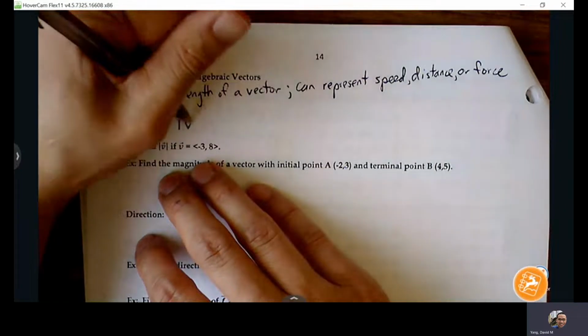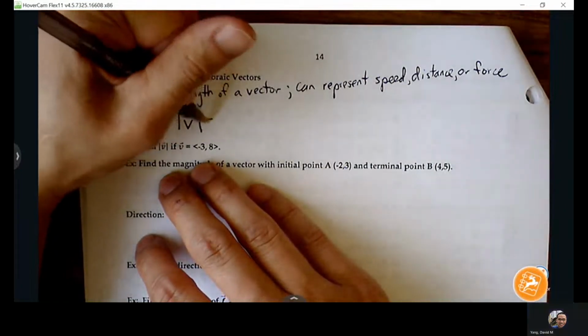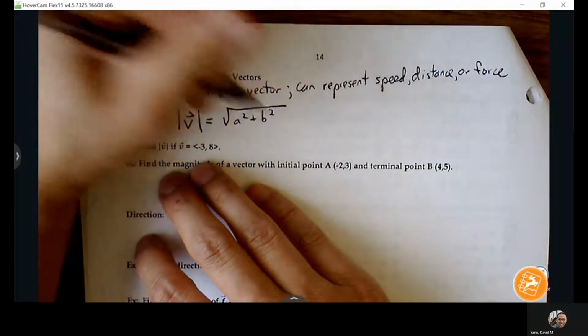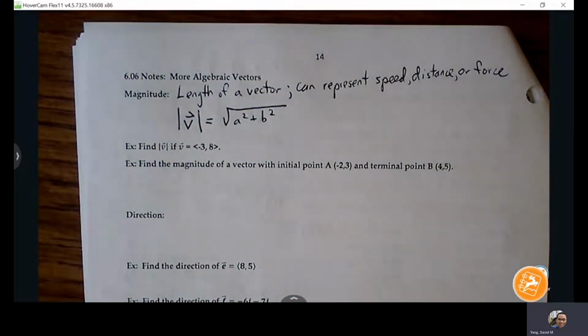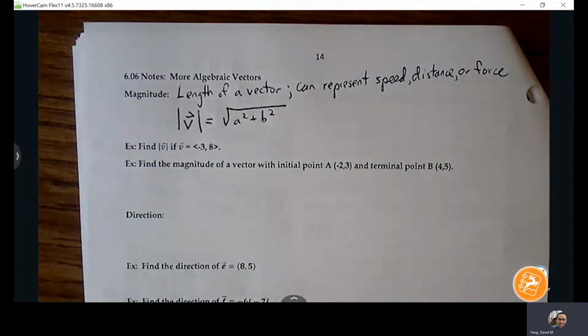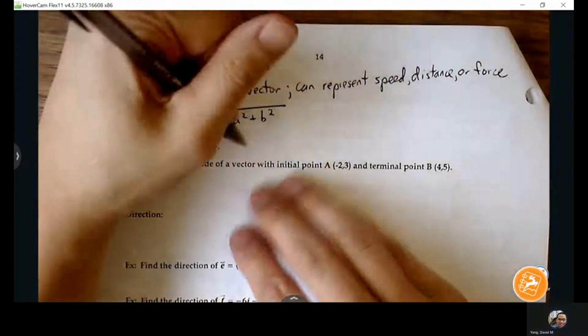And we saw from before, magnitude has a formula: square root of a squared plus b squared. Find the magnitude of vector v if vector v has component form of -3 and 8.